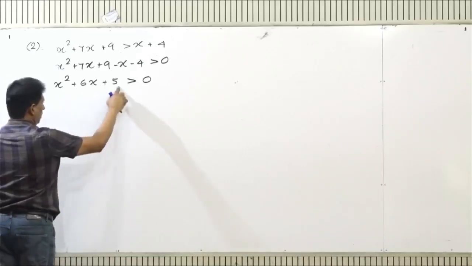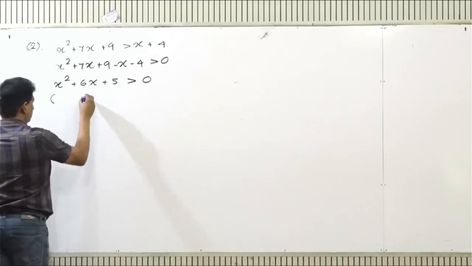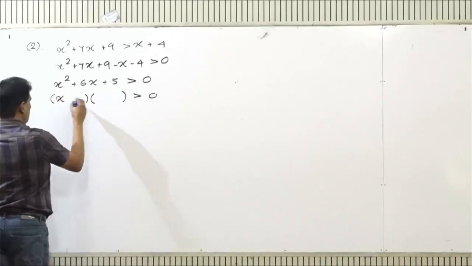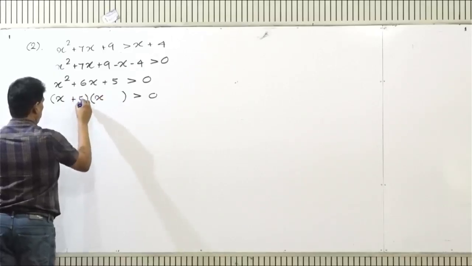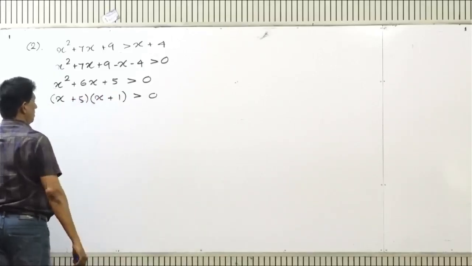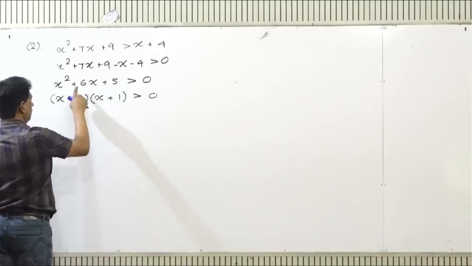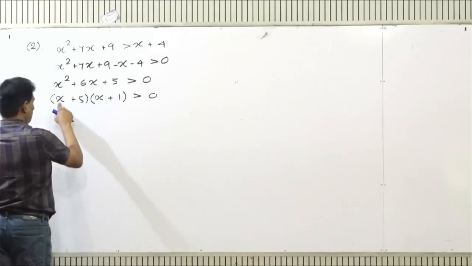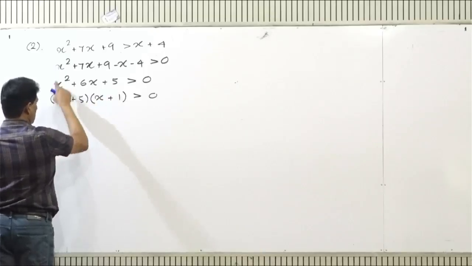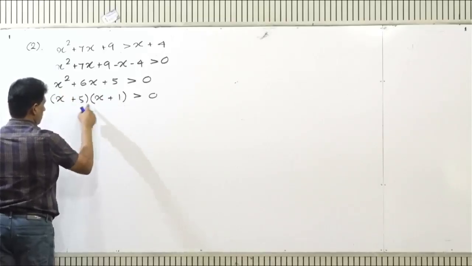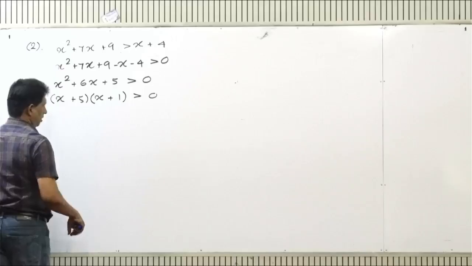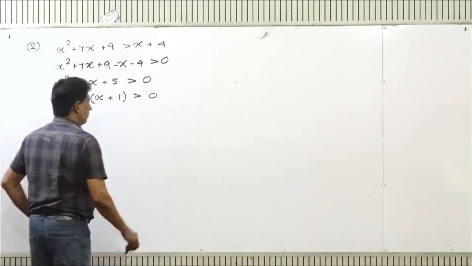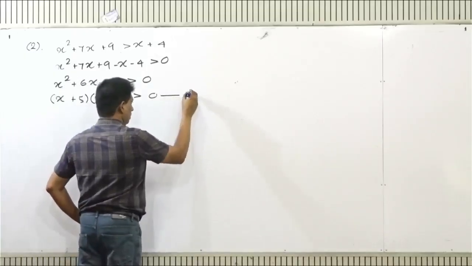Now we have to find the factors of the left-hand side. So what are the factors? These are the factors. Here positive 6x, here positive 5. When we multiply these, positive x squared, positive 1x, positive 5x, then positive 6x, and 5 times 1 means 5. This is inequality 1.